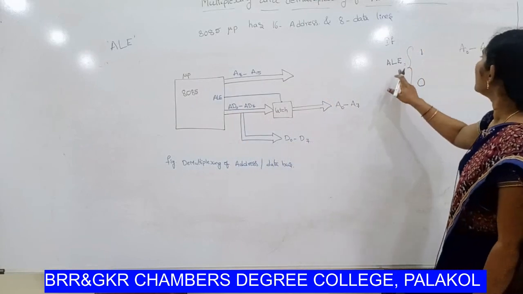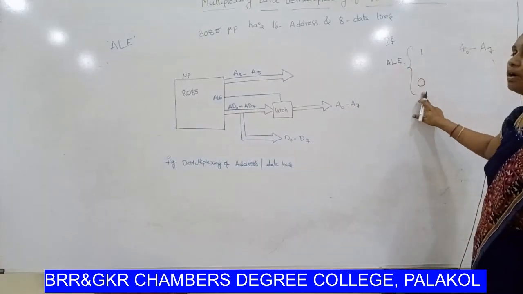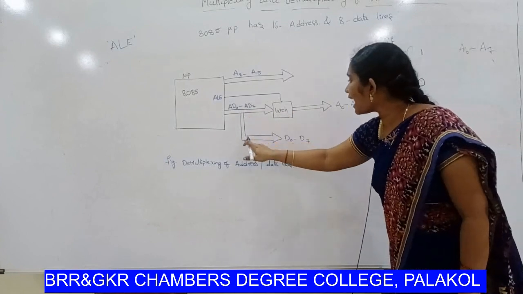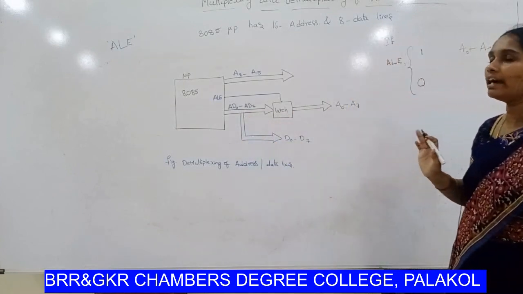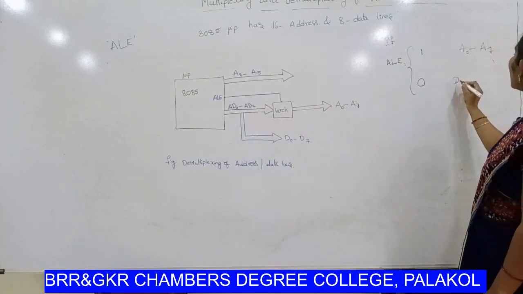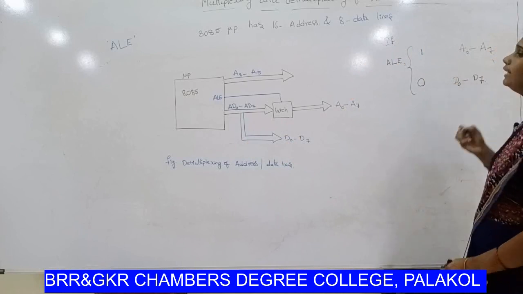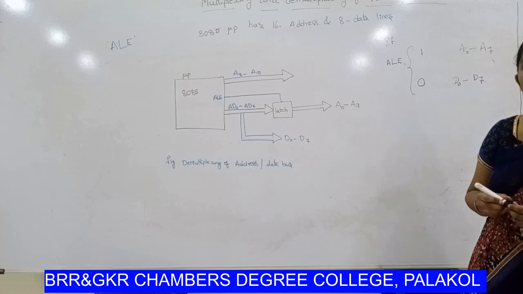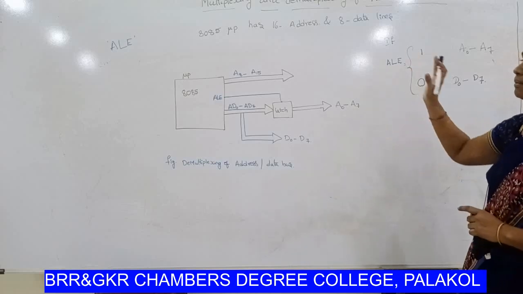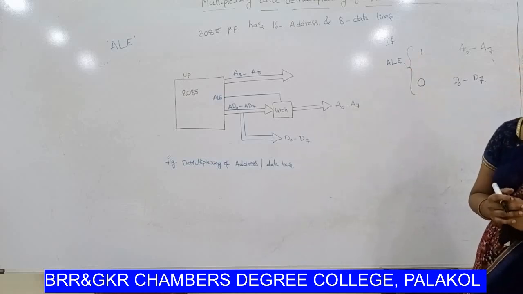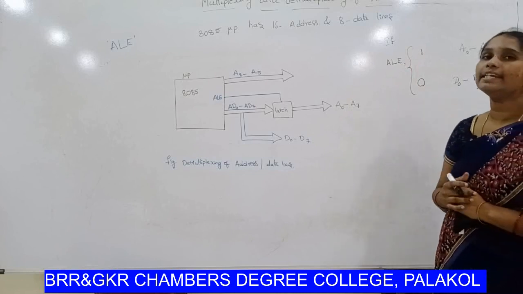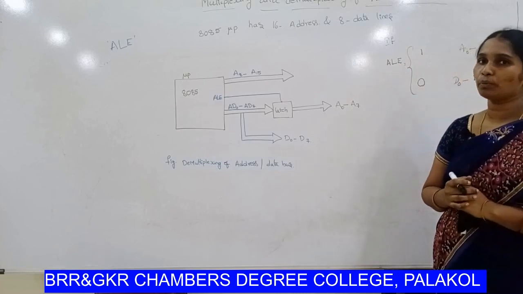So when ALE is equal to 0, it will carry only the data lines, those data lines are D0 to D7. In this way the demultiplexing process is done in the 8085 microprocessor.